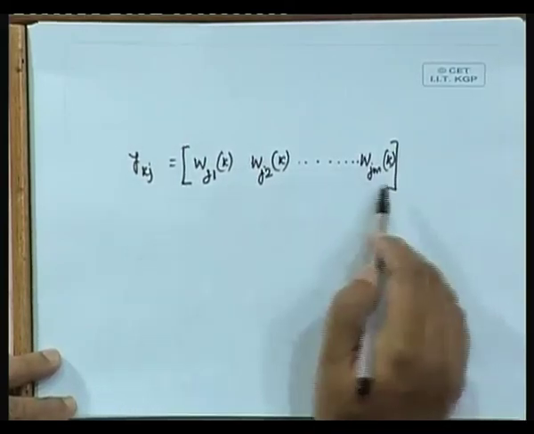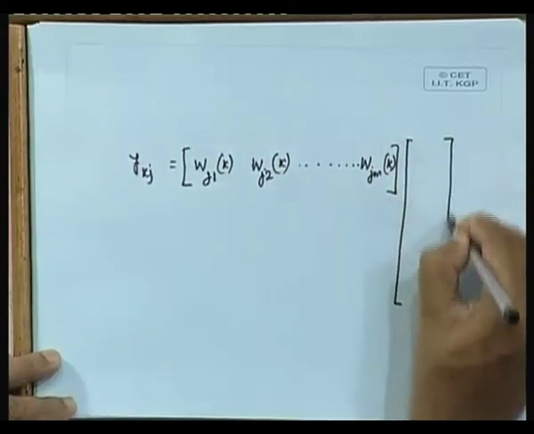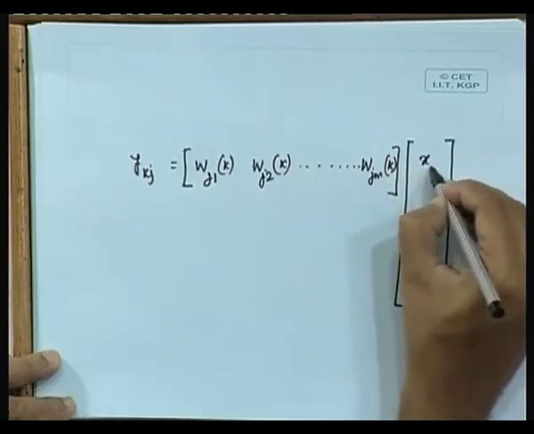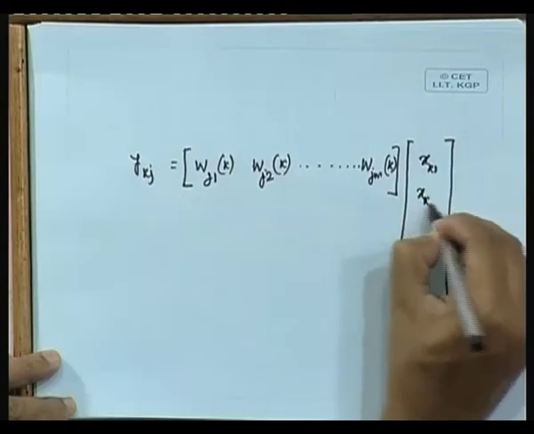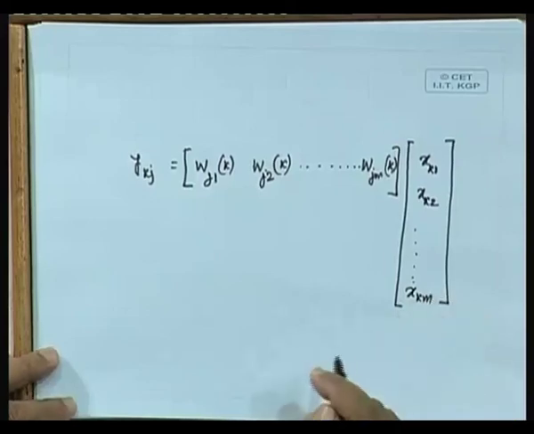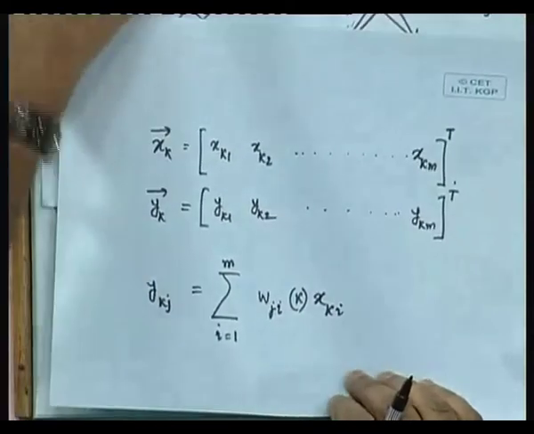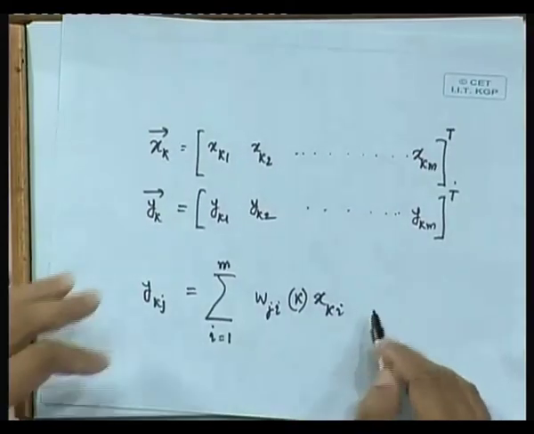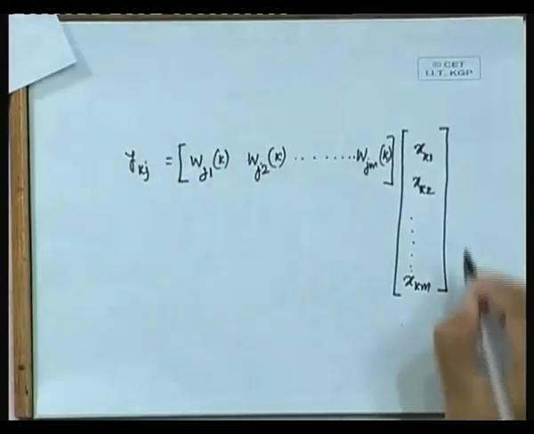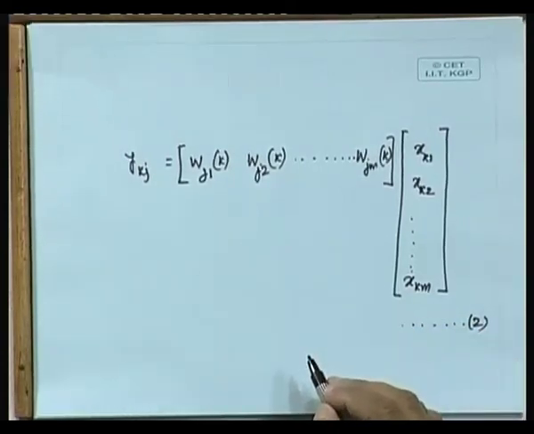So weights are also written in the form of a vector, and this will be multiplied by xk1, xk2, etc., up to xkm. So this is the matrix representation of the same equation that we had described earlier. If we call this equation number 1, then equation number 2 is nothing but a matrix representation of equation number 1 only.